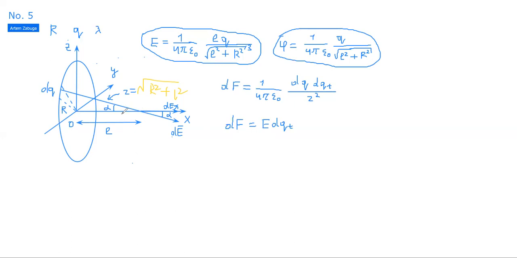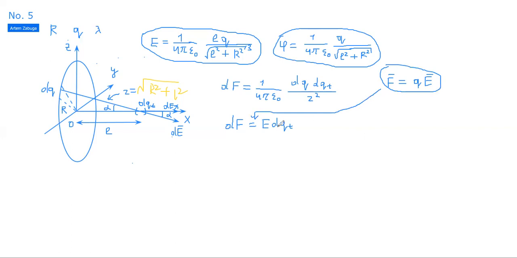So it is somewhere here. Here is a small charge dq_t. As you can remember from our theory, from our lectures, force of electrostatic interaction between electrostatic field and point charge can be found by formula that looks like this. And here we have used this formula.